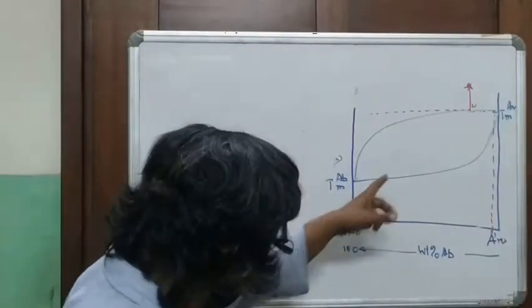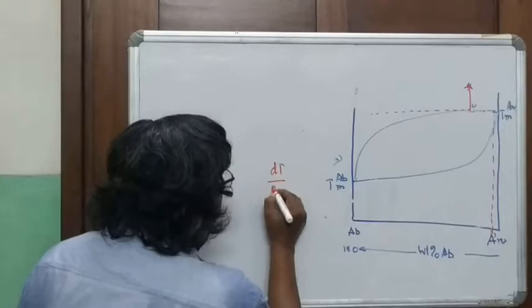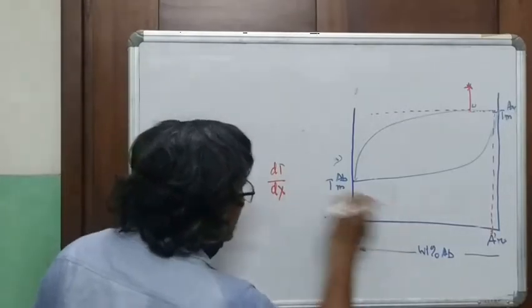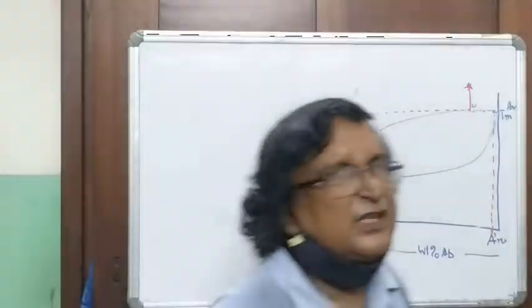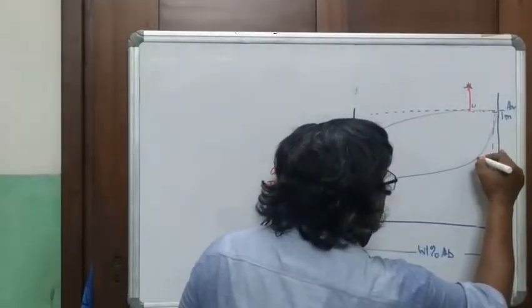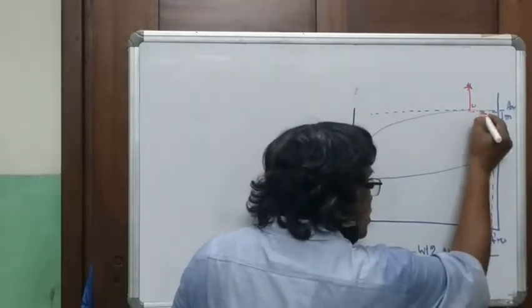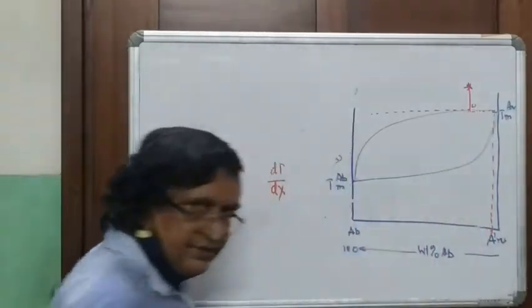The slope here, dT by dX, temperature versus composition, is steep at the anorthite end, in sharp contrast to the flat slope of the liquidus at this end.